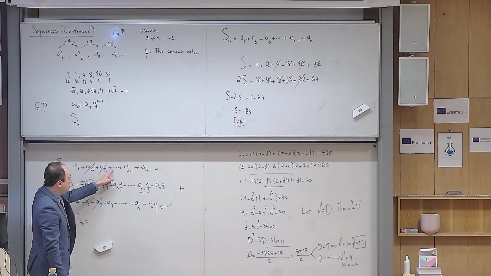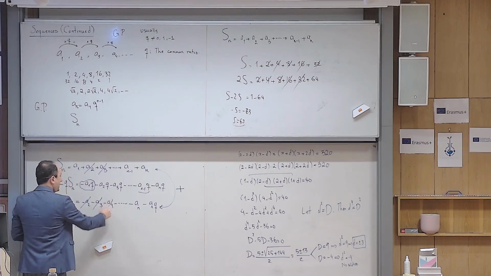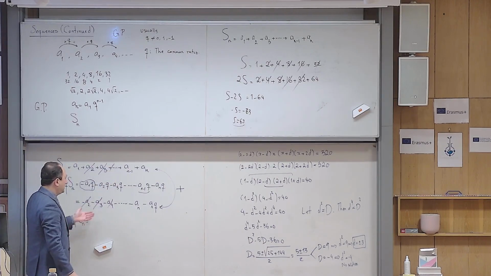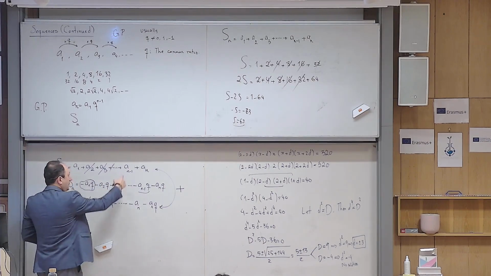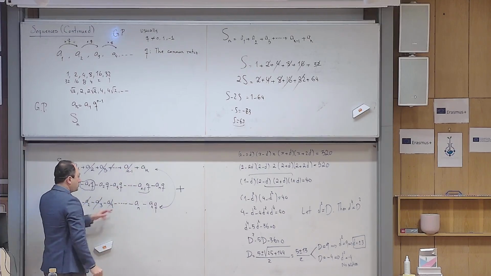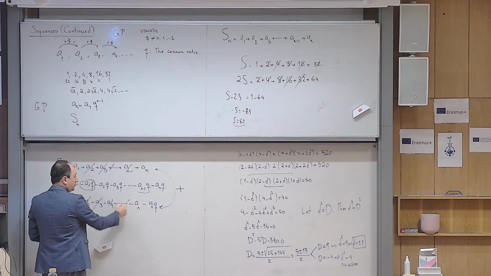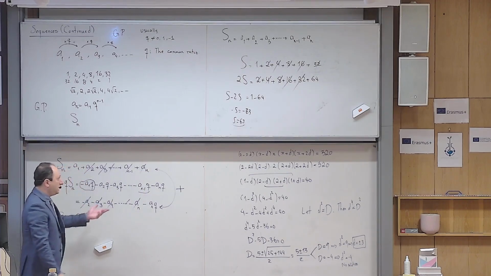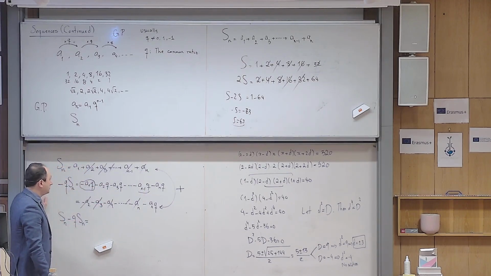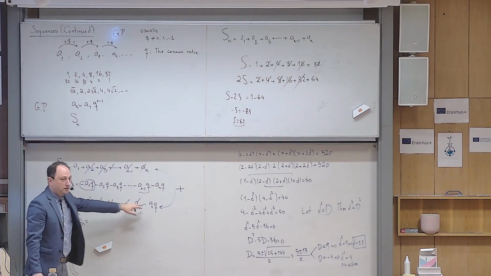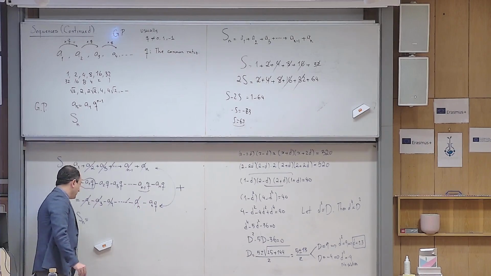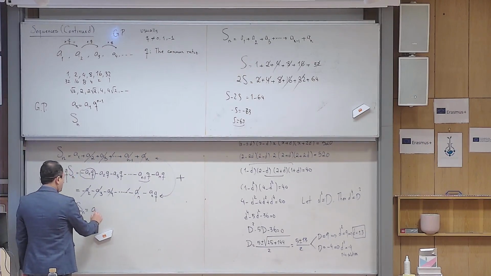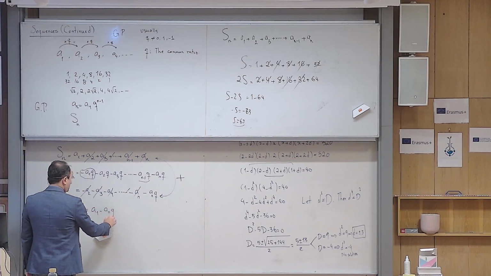Because a4 is coming next, so this will be cancelled as well with the next one. And if I continue this list, a(n minus 1) is also cancelled from the previous one, and this one will cancel that one. So again, as before, 2 terms survive: the first one from the first list, the last one from the second list. So if I add them up, it becomes a1 minus anq. Yes?